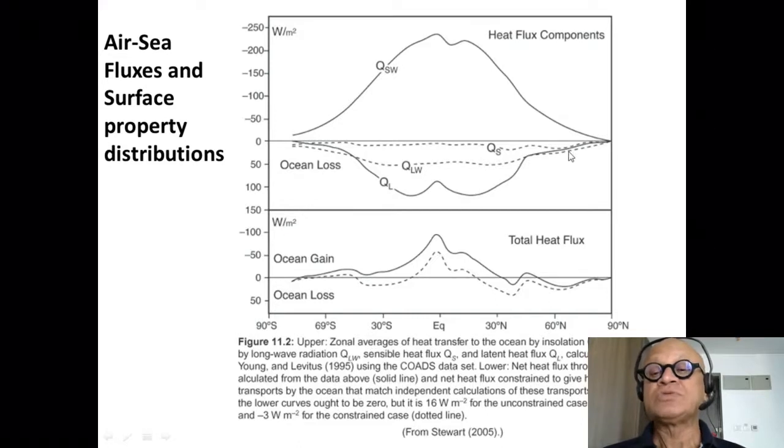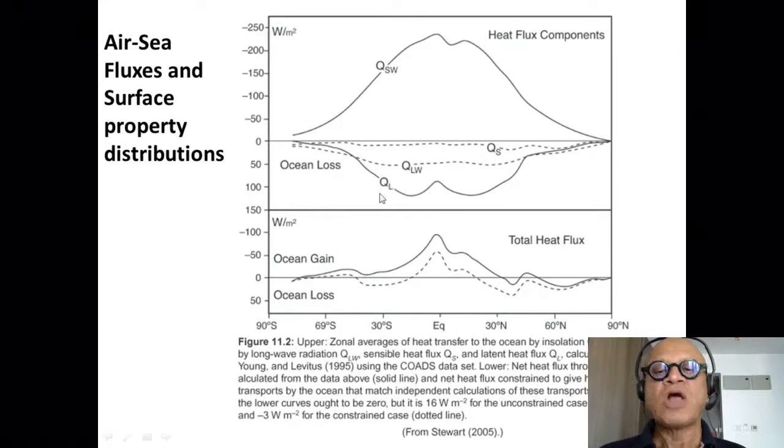At higher latitudes, of course, the air is pretty dry, so you don't evaporate as much, even though wind forcing can still rip off water molecules and cause evaporation. Sensible heat is basically the heat loss because of the temperature difference across the ocean-atmosphere interface, and long wave is what the ocean surface emits because of its thermal radiation.